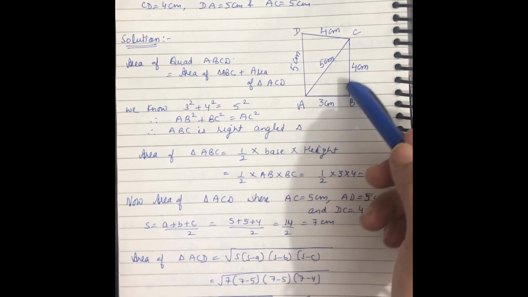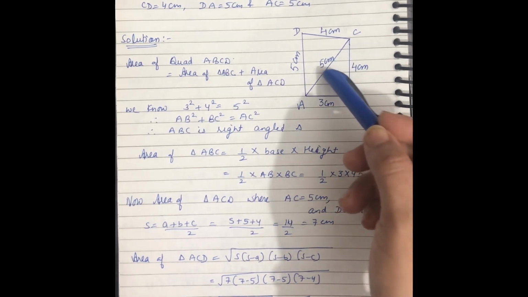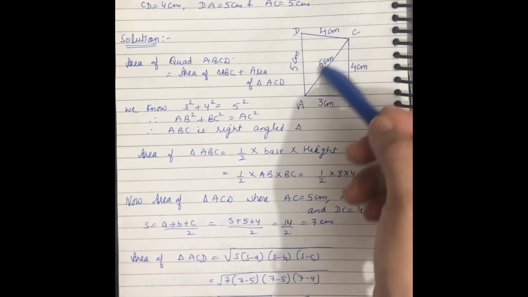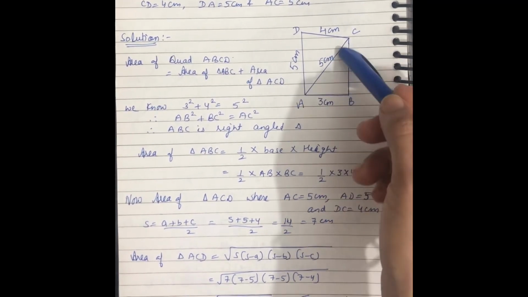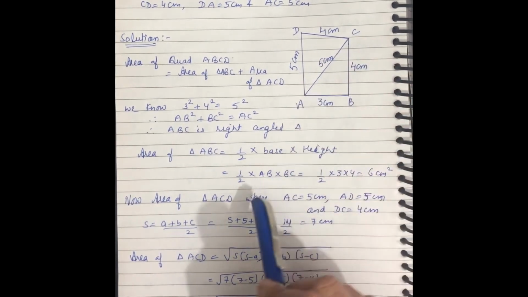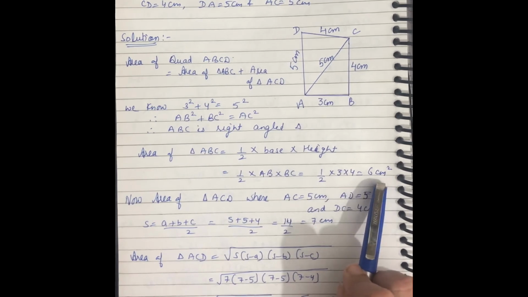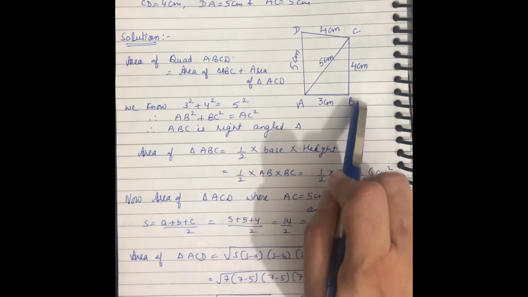When base square plus height square is coming as hypotenuse square, we can say it's a right angle triangle. Because it's a right angle triangle, we can apply the formula of area of a right angle triangle, half into base into height, half into 3 into 4, which is equal to 6 centimeter square, area of ABC.